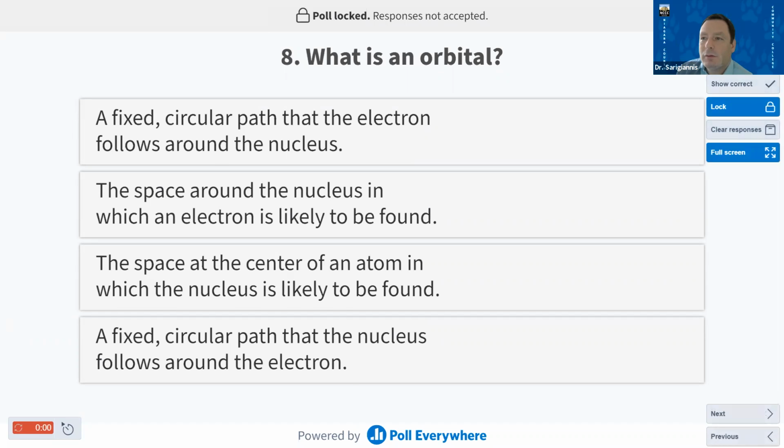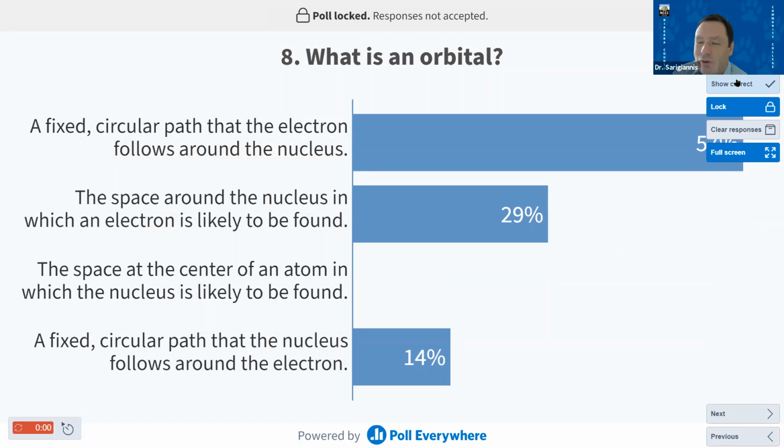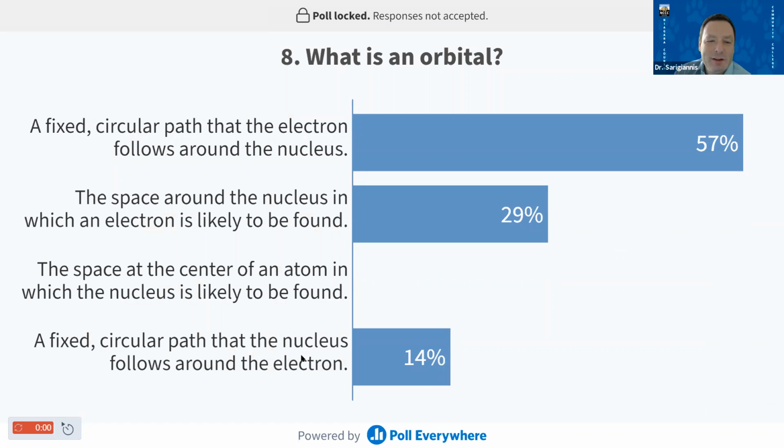Right. We got a bunch of options here. So we can eliminate this one because this one's talking about the nucleus orbiting the electron, and we know that's incorrect.